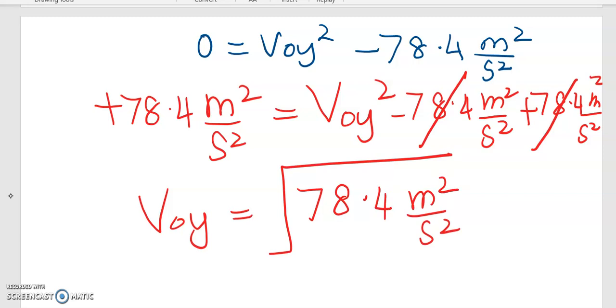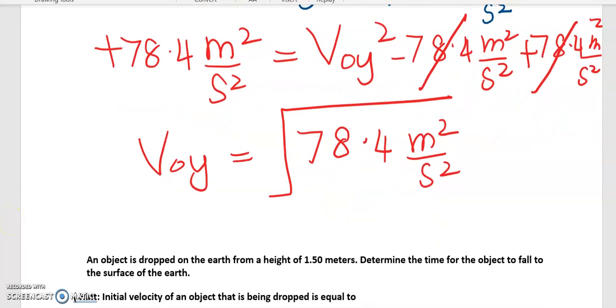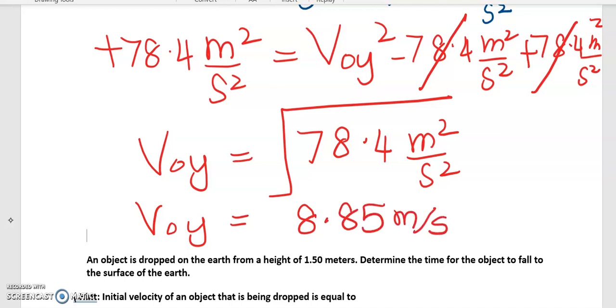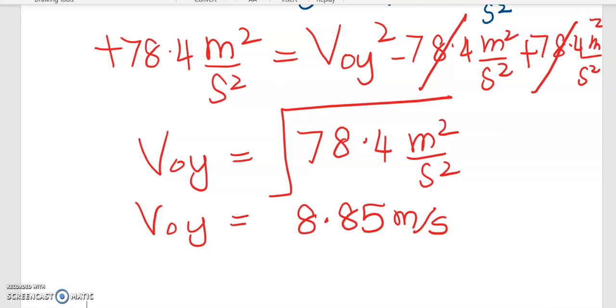So if you take the square root of that, you will get 8.85 meters per second. Initial y velocity is positive. I'm going to accept the positive answer because when you take the square root of something, you can accept either the positive answer or negative answer.